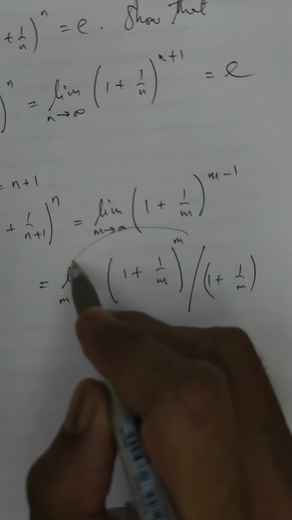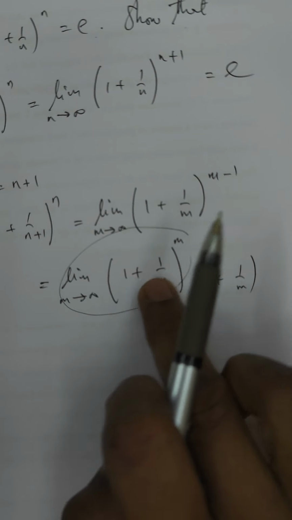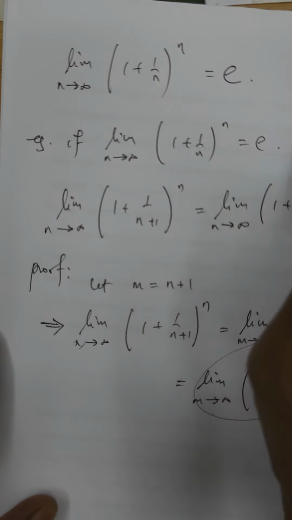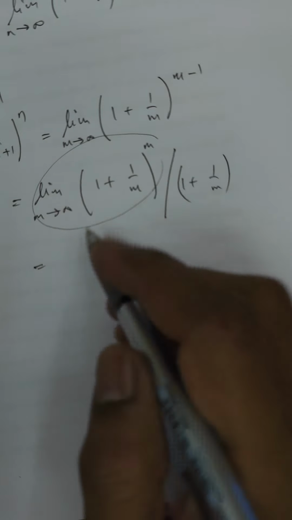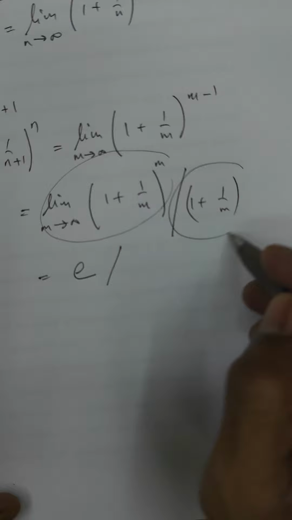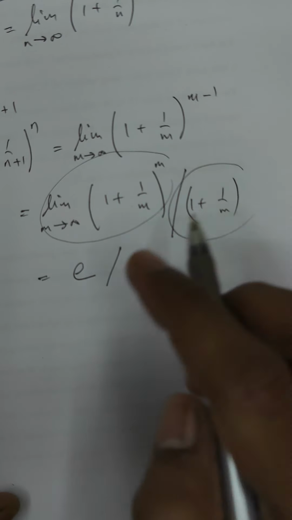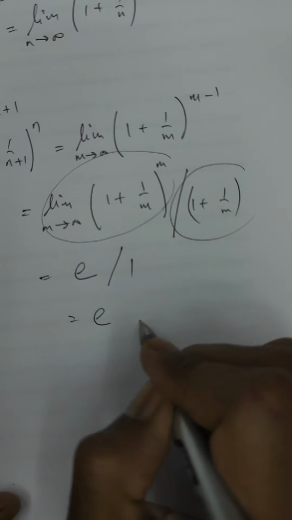This part here, as m goes to infinity, (1 plus 1 over m) to the m is exactly the same as this, which means you have e. Divided by, for this term here, you take the limit of 1 plus 1 over m as m goes to infinity, that part is 0, what is left is only 1. So you got e.